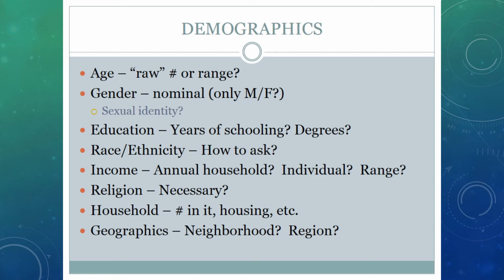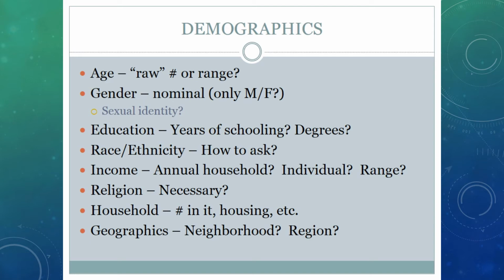Education is a difficult variable, though it seems like it shouldn't be. Depending on the population you're asking, you could say, what is the highest degree you have obtained? And then you'll probably have a category less than high school, which means you didn't really have a degree of any sort.